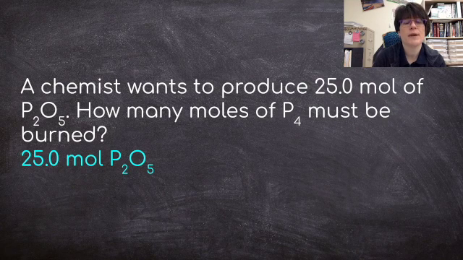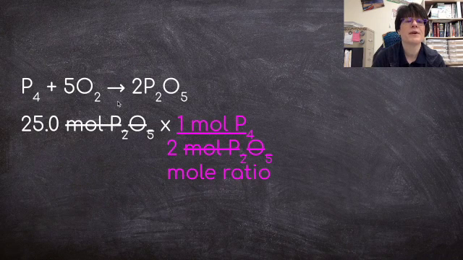So let's talk about converting moles to moles. Let's see how we would do that using our balanced equation and these coefficient bridges. A problem we might encounter is: a chemist wants to produce 25 moles of phosphorus oxide. How many moles of phosphorus must be burned? In any problem like this, we start with the number that they give us, 25 moles of phosphorus oxide. We then go to our equation for the mole ratio, and we want to get to phosphorus.